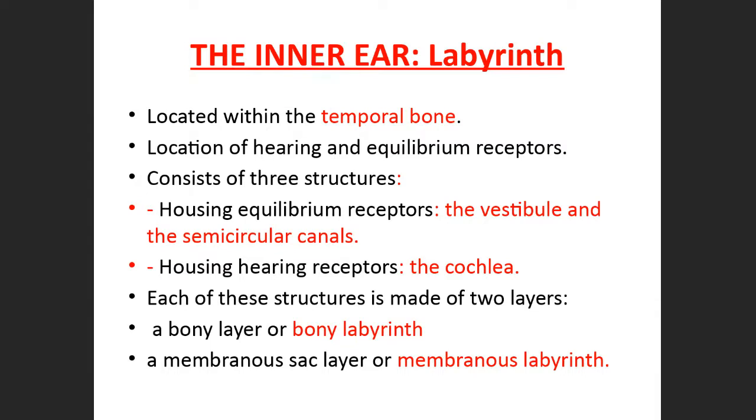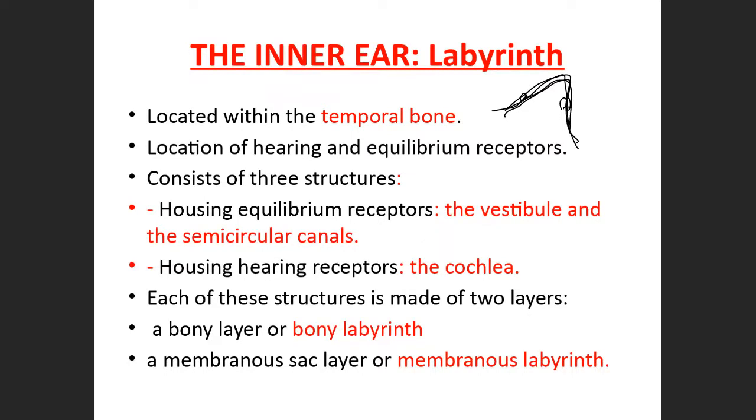It was like a ridge, and on one side of the ridge was the internal acoustic canal, and on the other side was the carotid canal. That little bump is where the inner ear is located. So the inner ear is in the temporal bone.